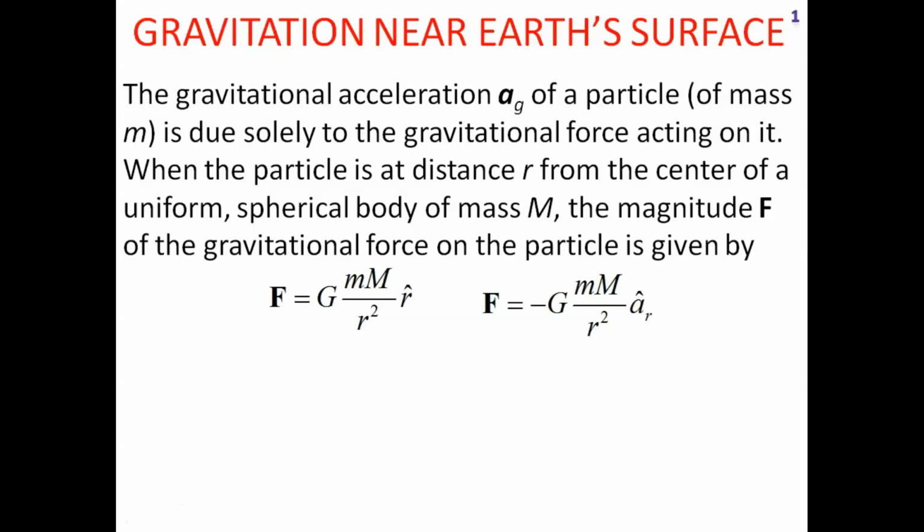Gravitational force being directed towards the center, we have introduced a minus sign. So the direction is actually represented by minus a_r cap, whereas the magnitude of the force is the same, G M m upon r square.